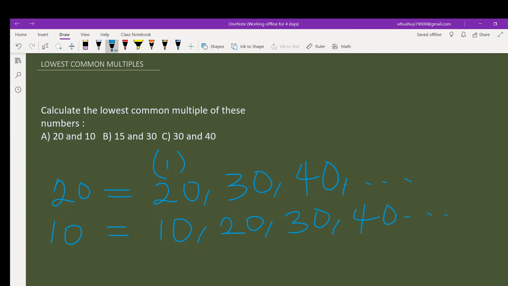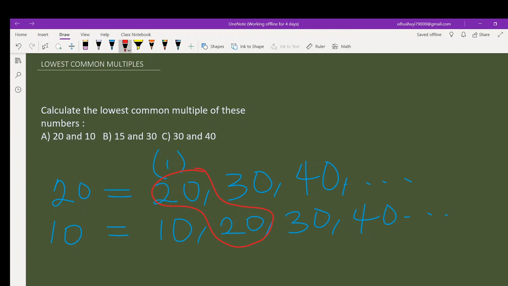They said calculate the lowest common multiple. What's the lowest common multiple? Visibly, we have 20 as the first common multiple, followed by 30. So, which means 20 will be the lowest common multiple.